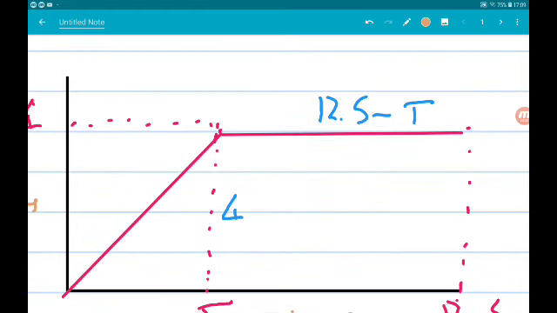First of all, if s was equal to t, then we know the graph would look something like that.